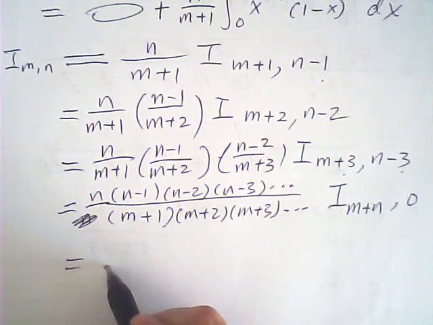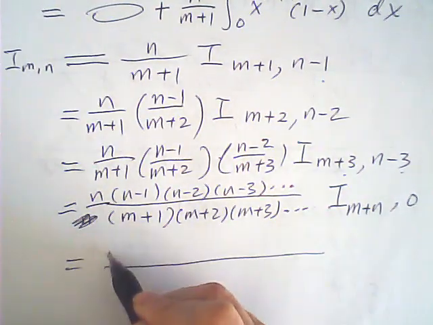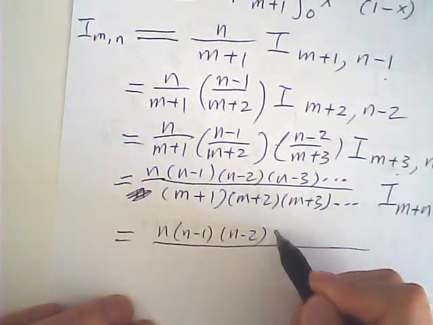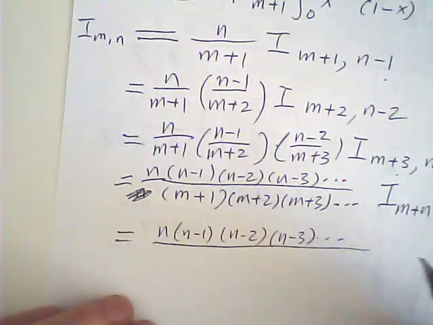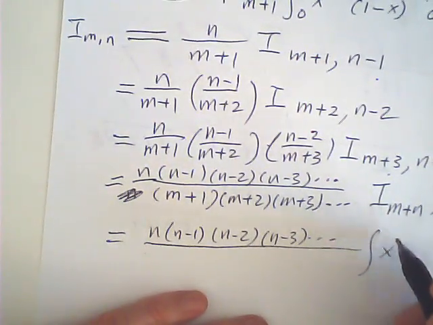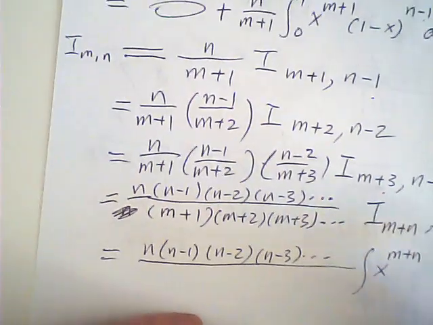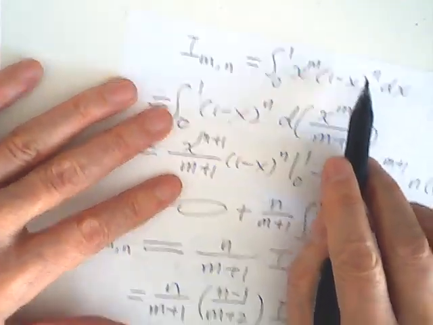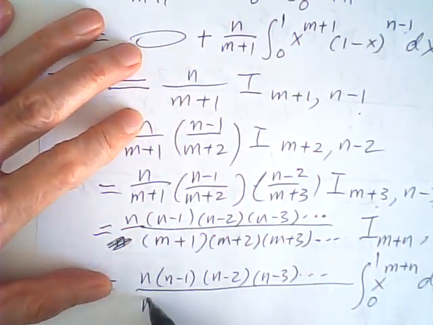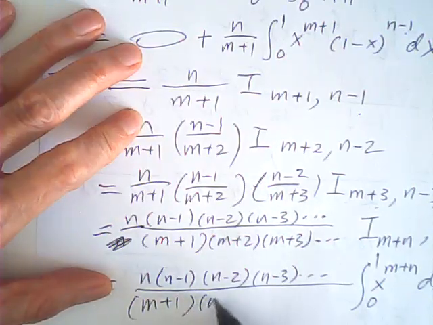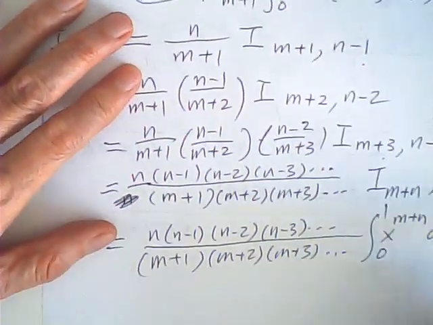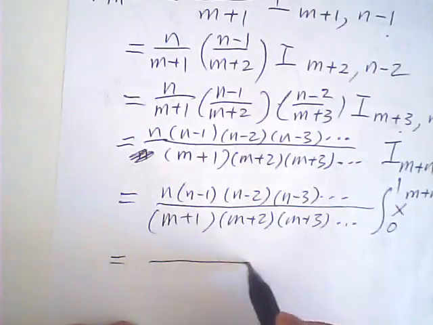Then this is equal to n, n minus 1, n minus 2, n minus 3, over m plus 1, m plus 2, m plus 3, until this one, times this integral.